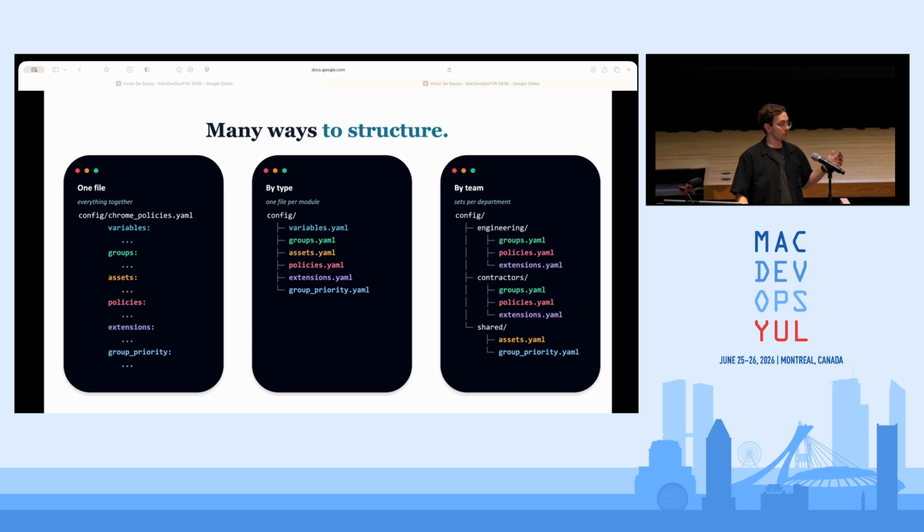We can have a file per module, like this middle one, or we can be really flexible and we can organize our policies via department or whatever way makes sense to us. And the Terraform modules will gather all those up and create our policy for the Google admin.